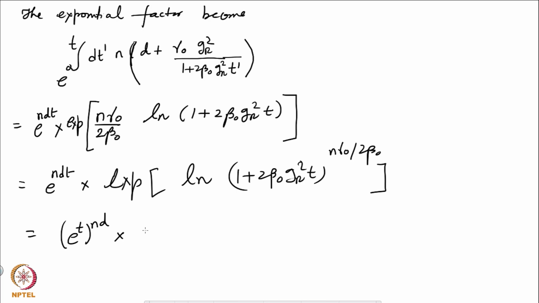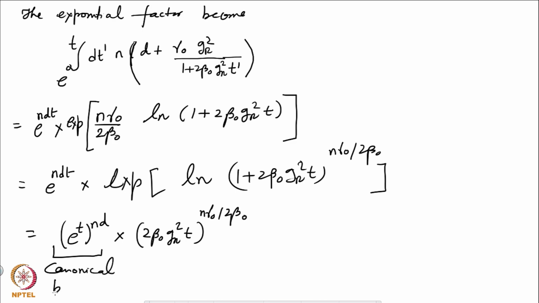So that one I'm going to drop, and you have 2 beta naught g r square t to the power n gamma naught over 2 beta naught. Okay, this is the canonical behavior, and this is the additional piece you are getting because of these renormalization effects.